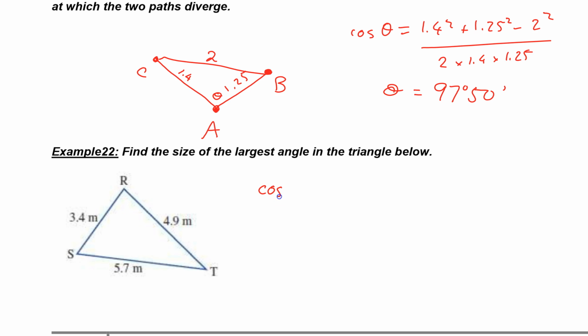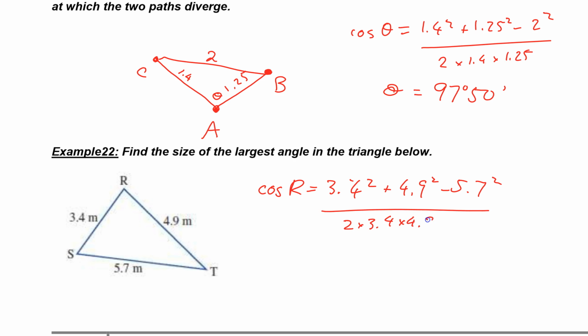So I know that cos of R is equal to 3.4 squared plus 4.9 squared minus 5.7 squared, all over 2 by 3.4 by 4.9.